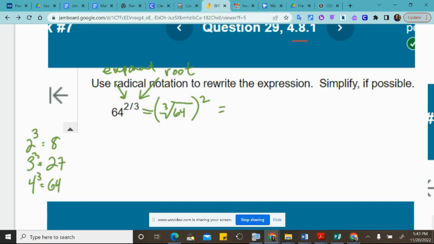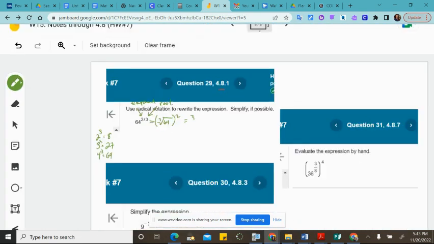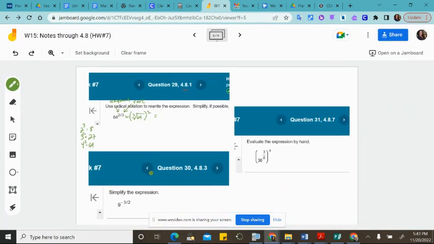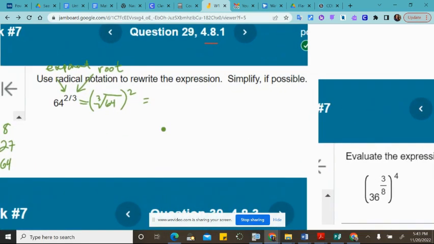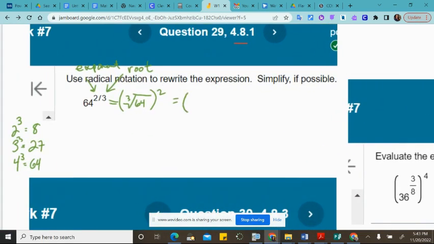And you'll go, great. That means the cube root of 64 is 4. And now I got to square it, which is just 16. Bada bing, bada boom. It's a beautiful thing.